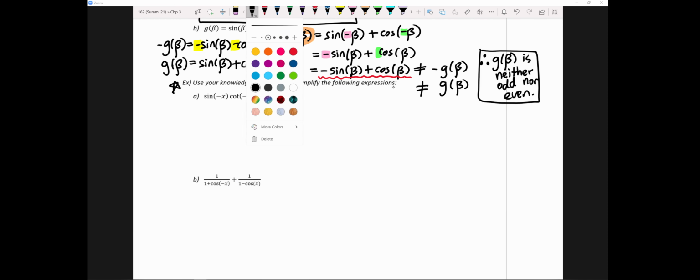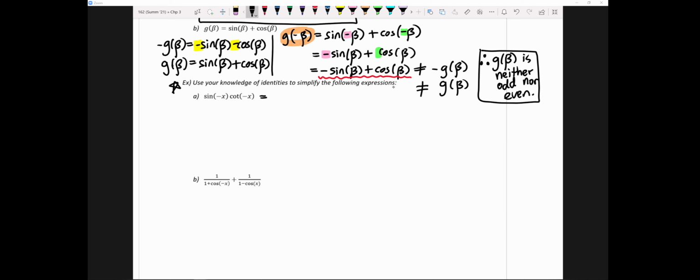Okay, so the first step, let's go ahead and take care of the negative signs. Sine and cotangent are both odd functions, so the negative is going to go from inside to outside. If we can't simplify any further here, then our strategy is to change everything to sines and cosines.